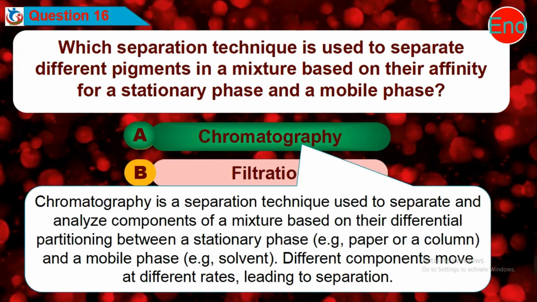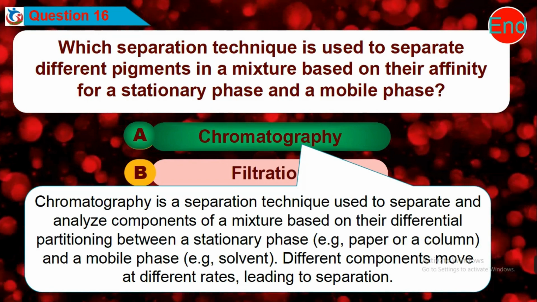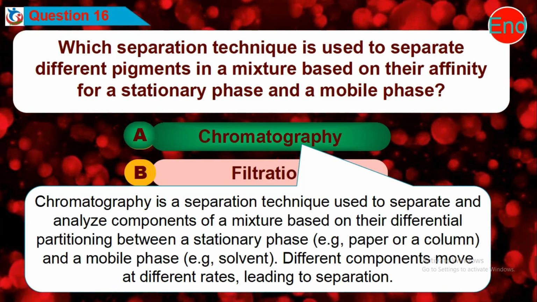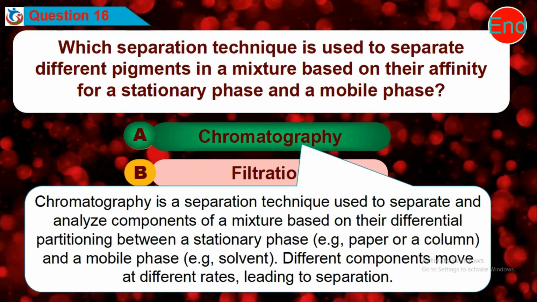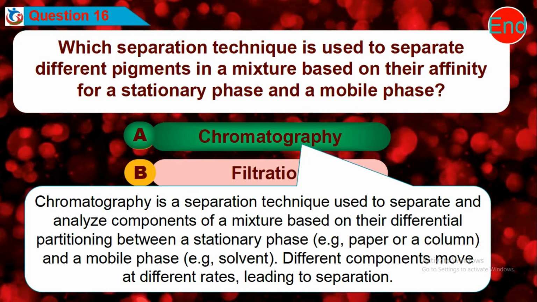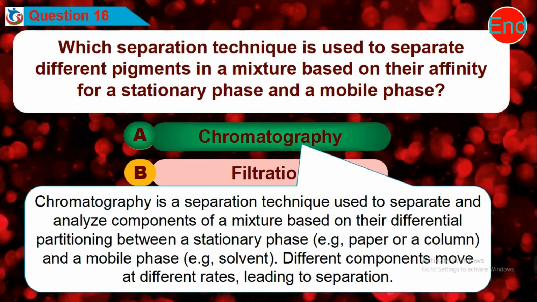Chromatography is a separation technique used to separate and analyze components of a mixture based on their differential partitioning between a stationary phase, which could be a paper or a column, and a mobile phase, usually a solvent. Different components move at different rates, leading to separation.